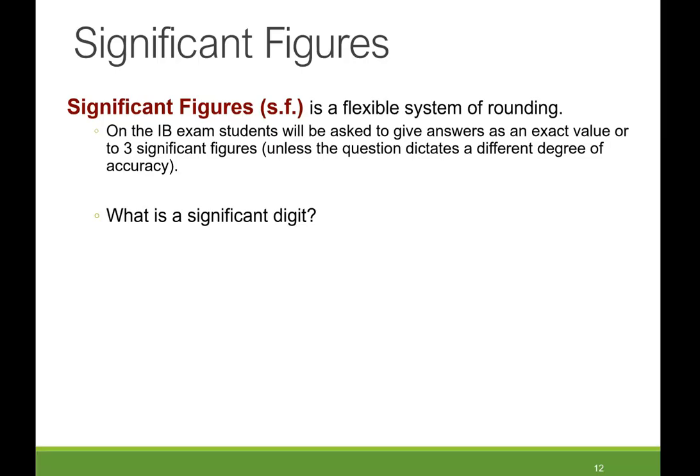The sandwich, usually most kids remember that one. Leading zeros, so like 0.005. Leading zeros, never significant, right? The bugger is trailing zeros. When are trailing zeros significant?